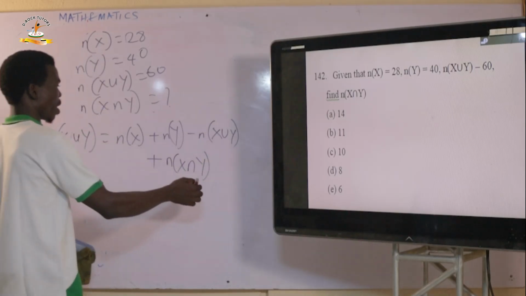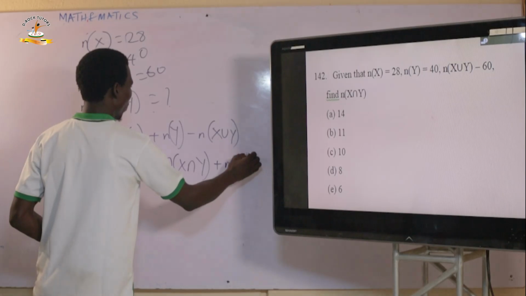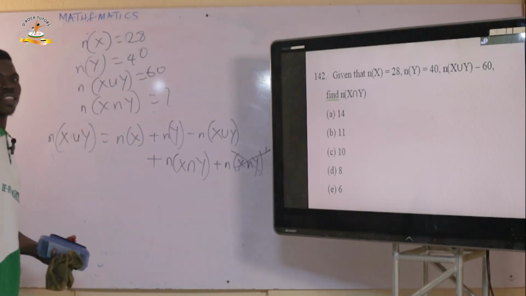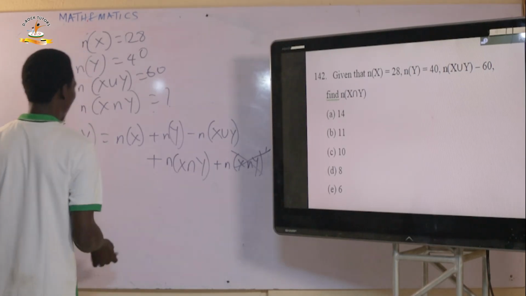Cardinality of x intersection y prime. So since we are not told anything about x intersection y prime, we just assume that it is not part of it, or we assume it is 0.